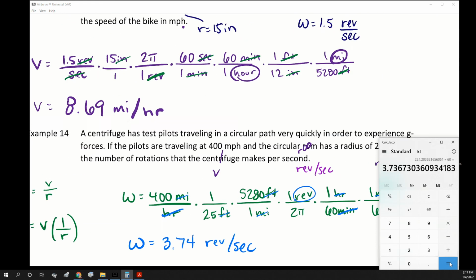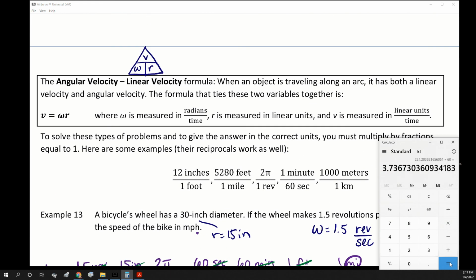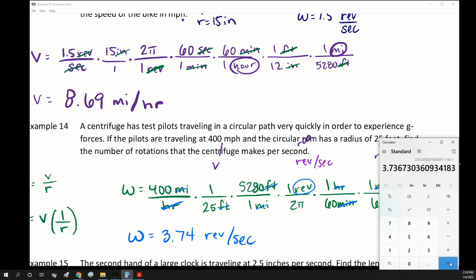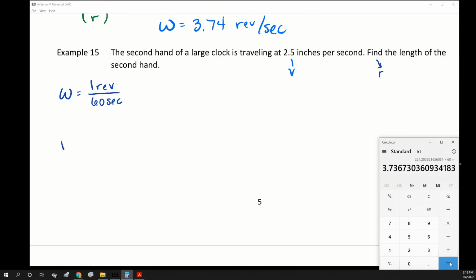According to my little formula, if I want to find R, I'm going to take my linear velocity and divide it by my omega. But really what I'm going to do is take my linear velocity and multiply it by the reciprocal of omega. R's and V's look so similar, I don't want to confuse you. This is R.